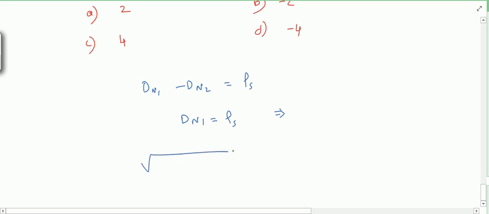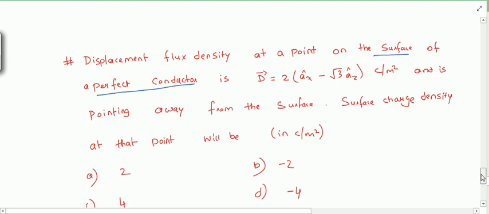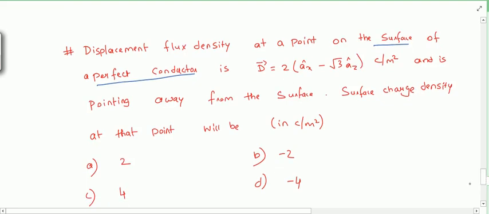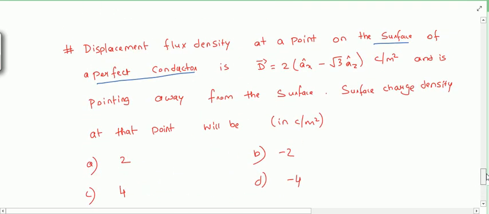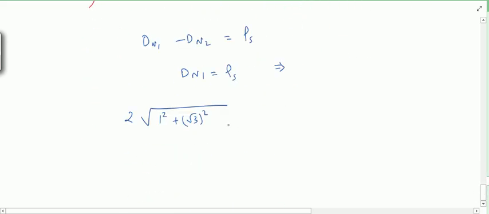So the magnitude will be the square root of 2 square plus root 3 square, which equals rho s. If you solve this, it comes to rho s equals 4 coulomb per meter square.